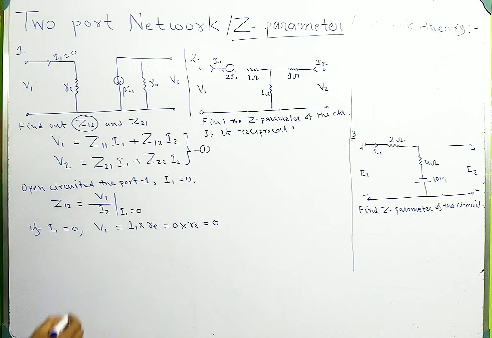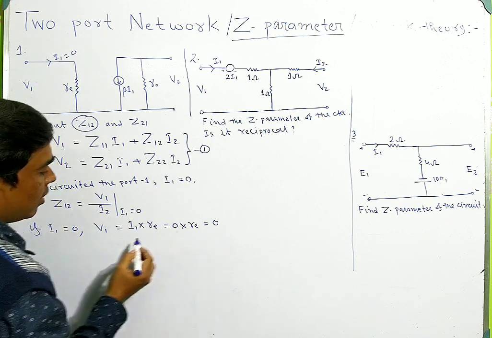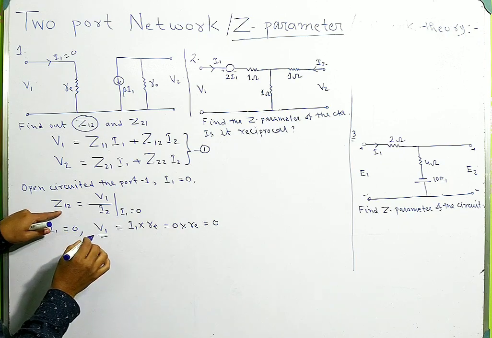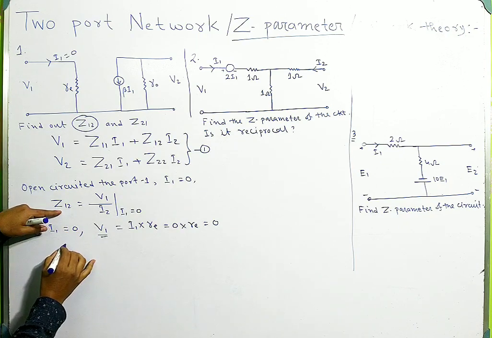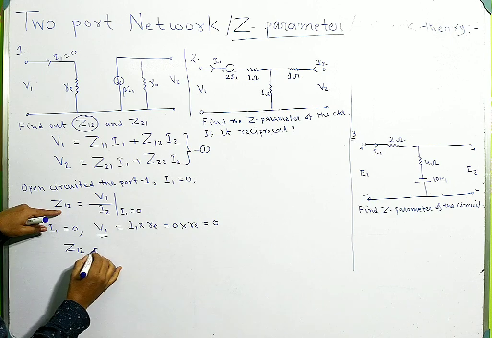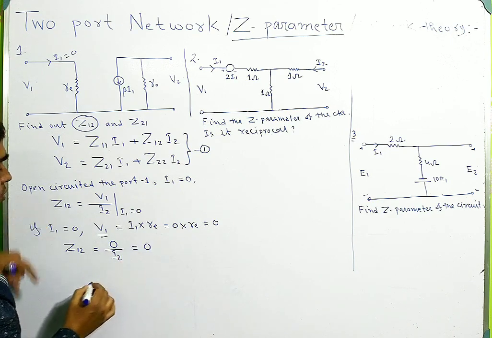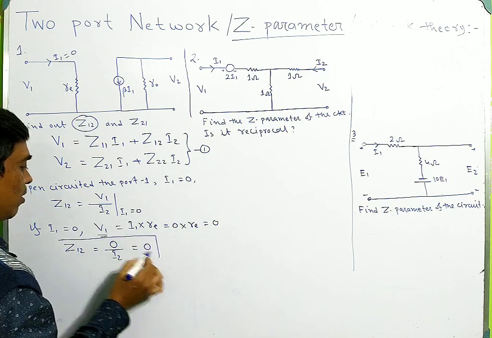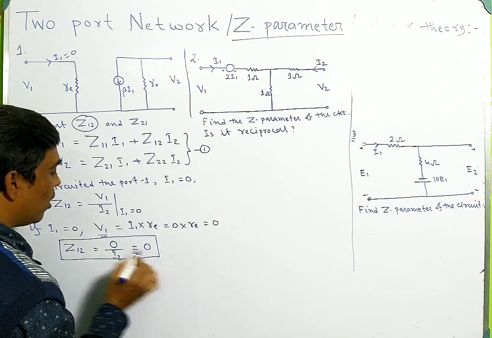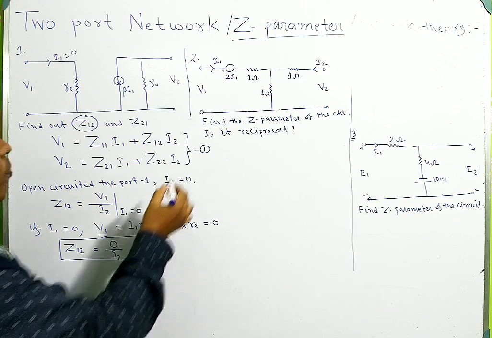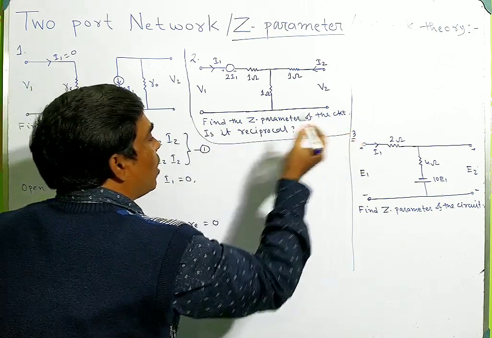So in this case we get V1 is 0. If I put this value in this equation, Z12 is given by 0 divided by I2, which equals 0. So in this problem, the value of Z12 is 0.